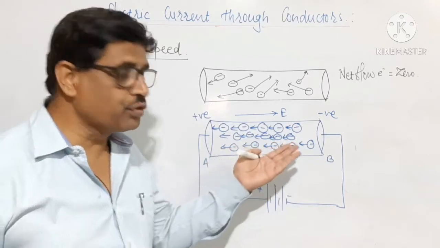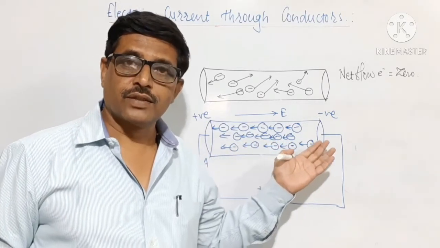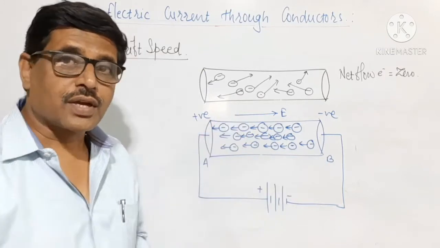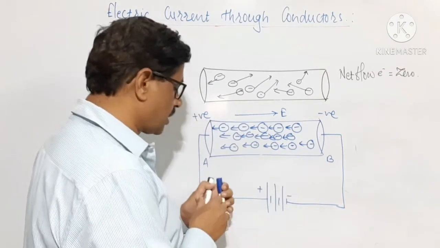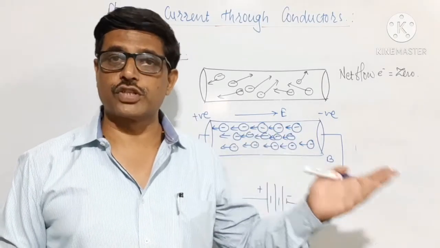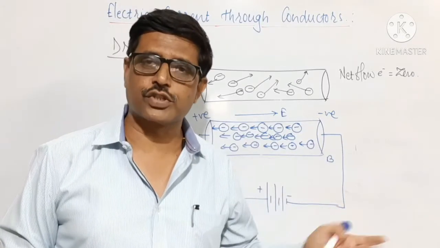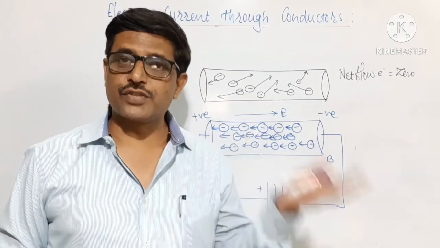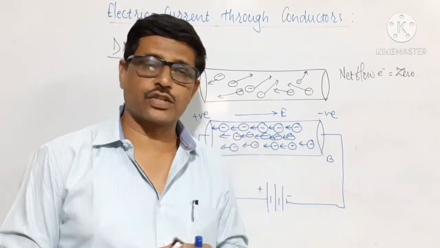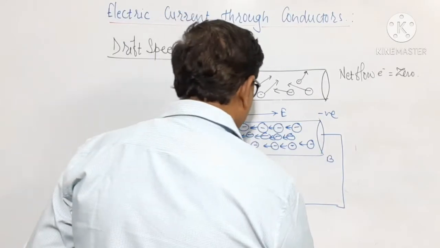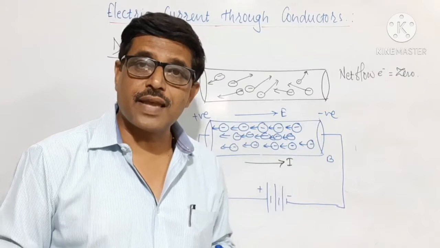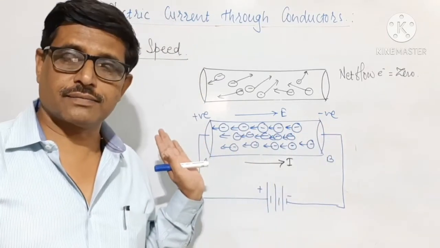All the electrons move with a constant drift speed. Therefore, the conventional current, which is in the direction of positive charge, from higher potential to lower potential, in the direction of the electric field, is the same throughout the conductor.